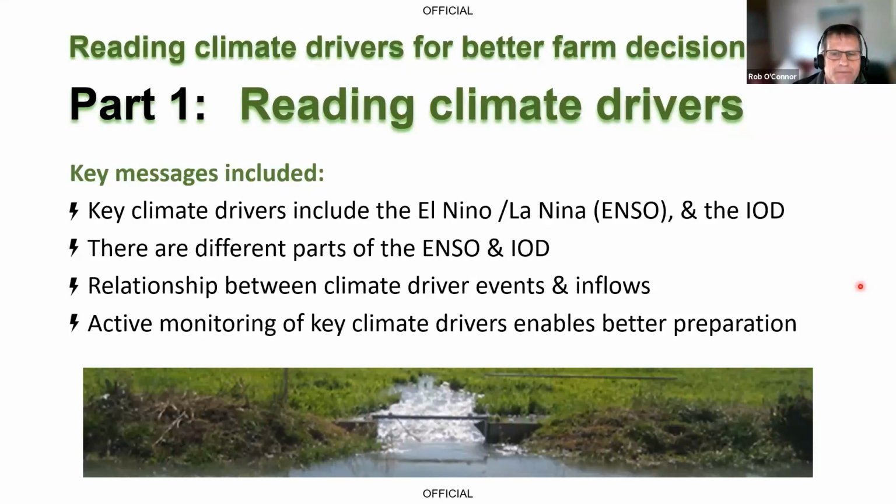So, the experience is that if you've been monitoring the climate drivers for a couple of years, you can develop skills in that area and become good at it, and be better able to anticipate those upcoming seasonal conditions. And some farmers have got quite skilled at that.